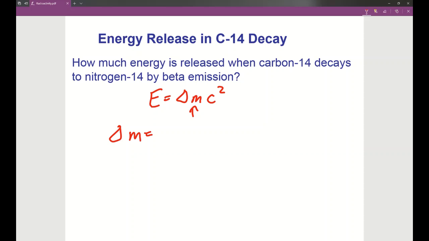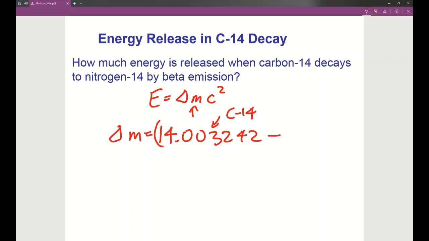We know that carbon-14 initially has a mass of 14.003242. So this is our carbon-14 mass.